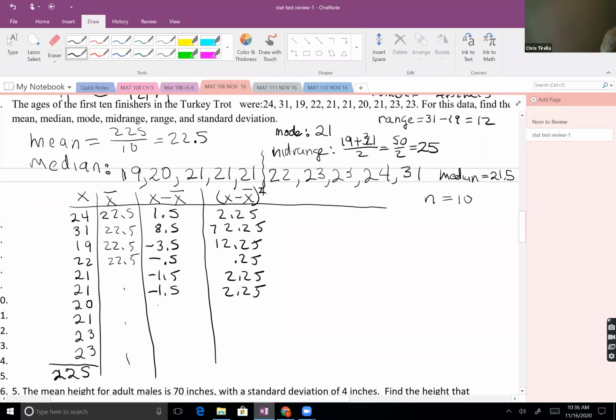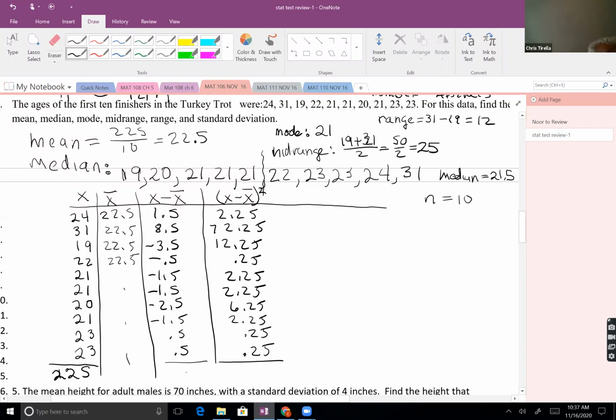Squared is 2.25. Next one would be negative 2.5. Squared is 6.25. Then I have negative 1.5. Squared is 2.25. 23 minus 22.5 is 0.5. Squared is 0.25. And again, 0.5 squared is 0.25.